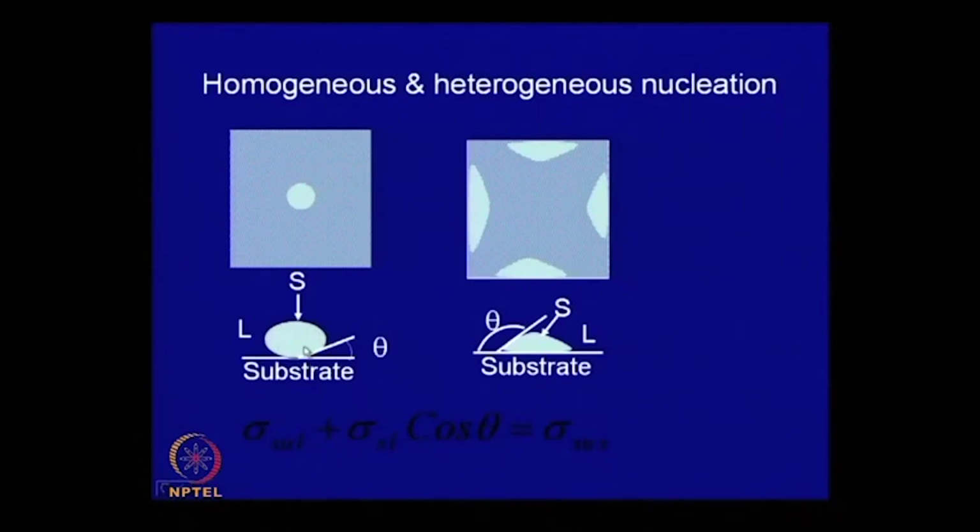Suppose we put a substrate, then depending on the nature of the substrate, if a solid forms, you will have surface energy interactions. Sigma is the surface energy between liquid and solid. Suppose this is the solid and the surrounding is the liquid. So, this is sigma, and it subtends an angle theta with respect to the substrate. Similarly, there will be a separate surface energy between substrate and solid, and also substrate and liquid.